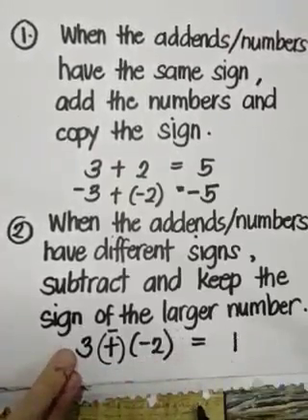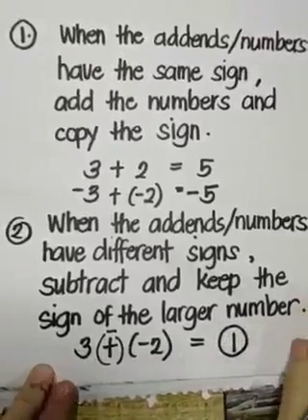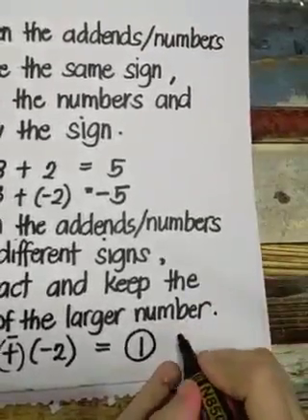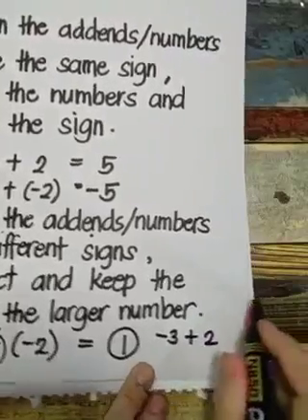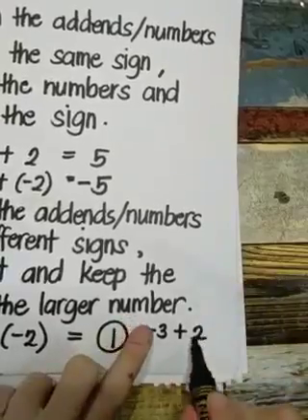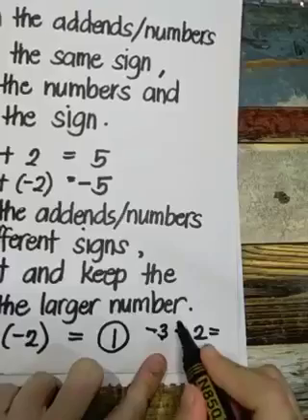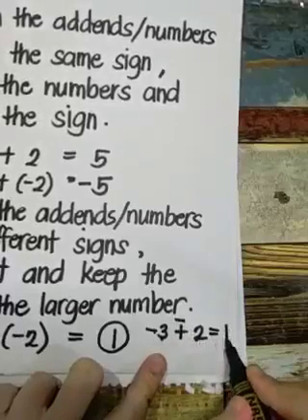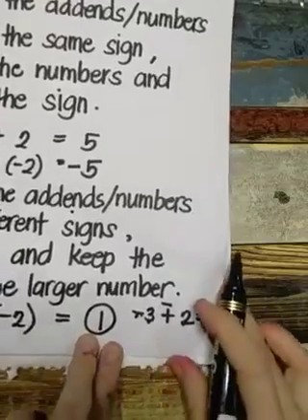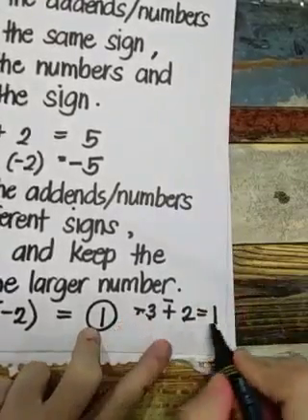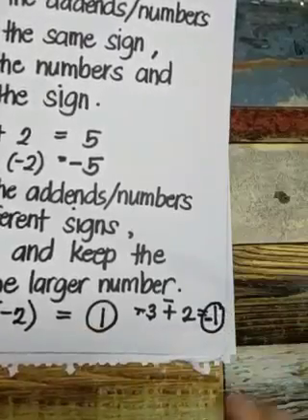And then copy the symbol of the larger number. That is positive, so our answer is positive. For negative 3 plus 2, they have different signs, negative and positive, so we subtract. 3 minus 2 is 1. Then copy the symbol of the larger number. Our larger number is 3 and its sign is negative. So negative 1 is our answer.